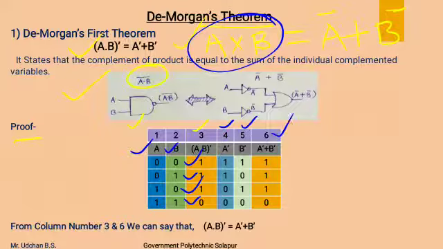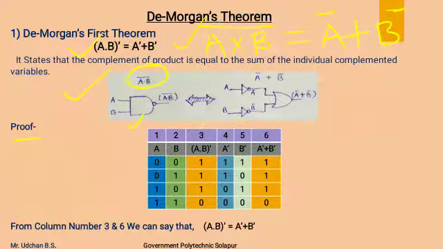Now in the sixth column, A complement plus B complement is taken, so 1 plus 1 will give you 1, 1 plus 0 will give you 1, 0 plus 1 will give you 1, and 0 or 0 will give you 0. So if we observe entries in column 3 and entries in column 6, both are same. So from columns 3 and 6 we can say that (AB) complement can be written as A complement plus B complement.